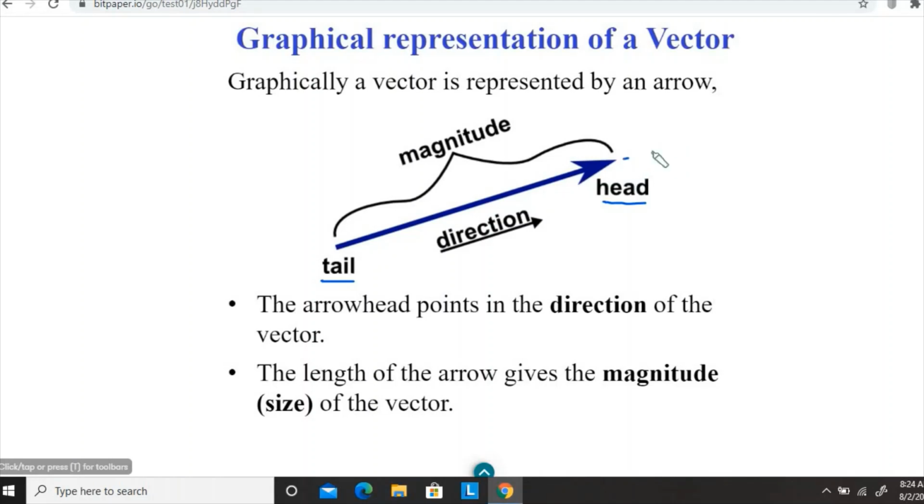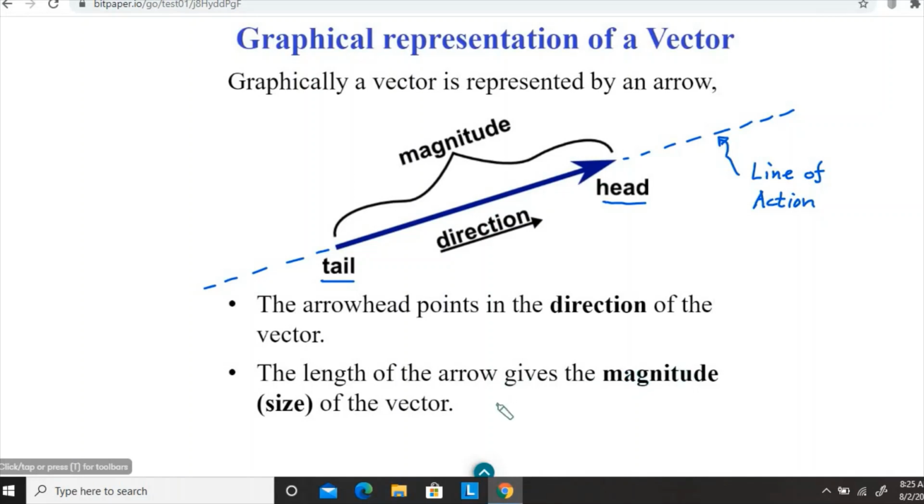Now I'm drawing this dashed line, kind of an extension to the actual vector. This dashed line shows the line of action for this particular vector. So this is called the line of action. Especially when we deal with forces later on, which is a vector quantity, you will see that we are mostly interested in the line of action of a force, along with the magnitude of the force and the direction of the force.